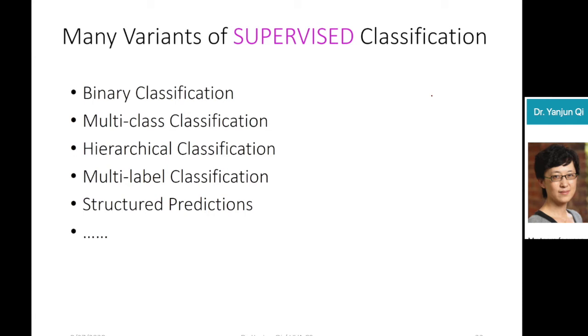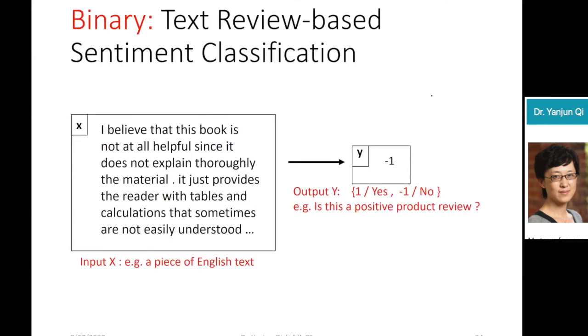There's also the structured classification, which I just roughly covered. So let's revisit it. Binary classification is the classic first example we ever touched, sentiment classification. Does this piece of text tell me a positive product review or a negative product review?